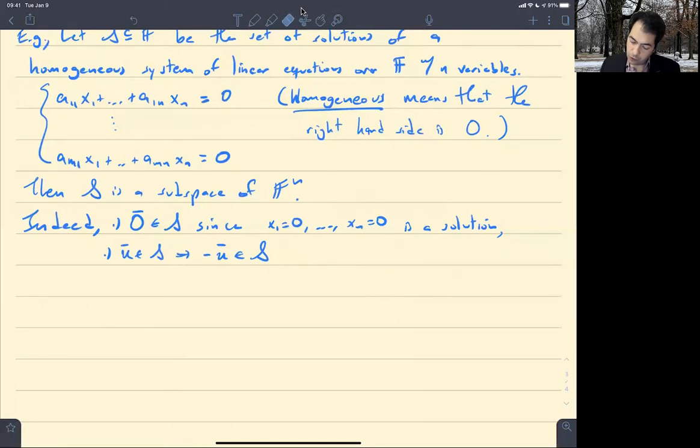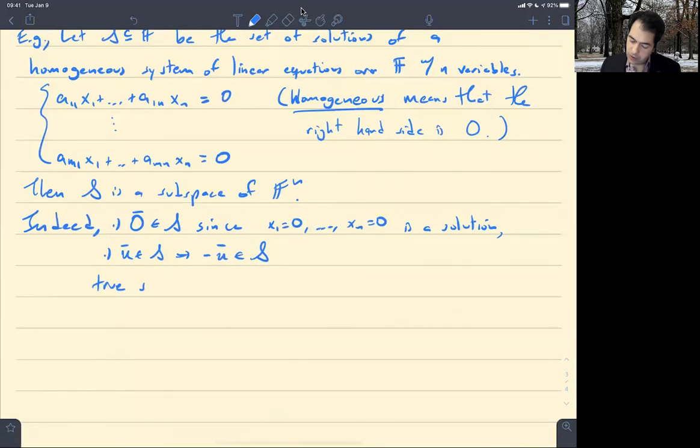Okay, so this is true. It's true since, let's say that u with entries u1 through un is in S. That's the same as saying that x1 equal to u1, ..., xn equal to un is a solution.